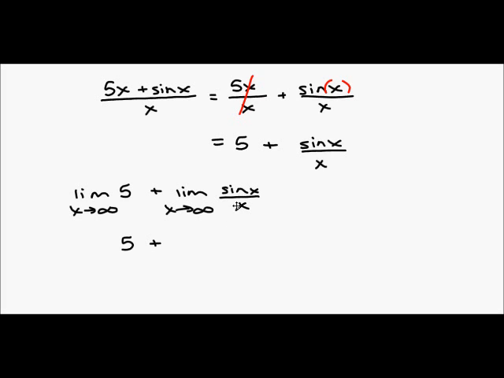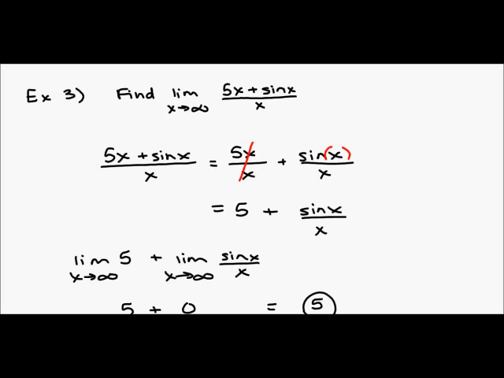Plus, we just established the limit of sine x divided by x as x tends to infinity is 0. So your final answer here is that the limit of this function is 5. And that is it for part 1 of 2.2.